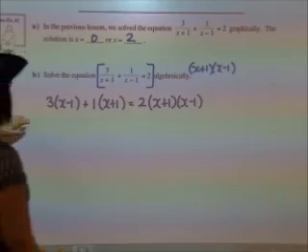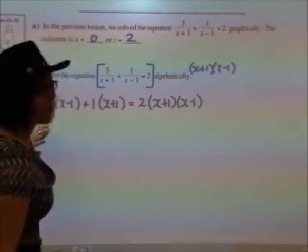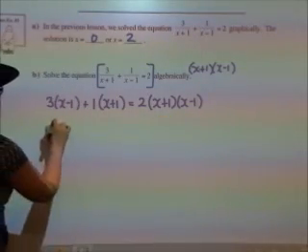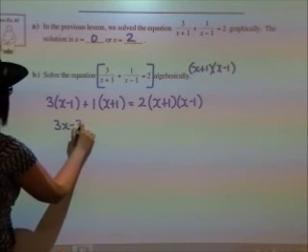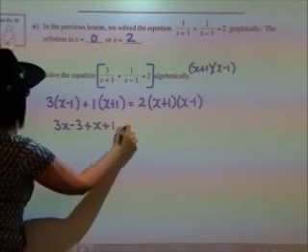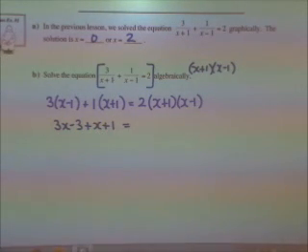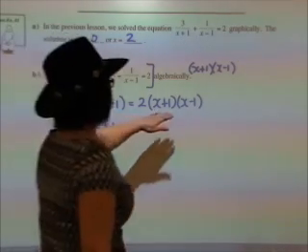At this point, I would then multiply to remove all of my brackets. So 3x minus 3 plus x plus 1. When I go to multiply x minus 1 times x plus 1, what do I have? And what do I get when I multiply that difference of squares out?